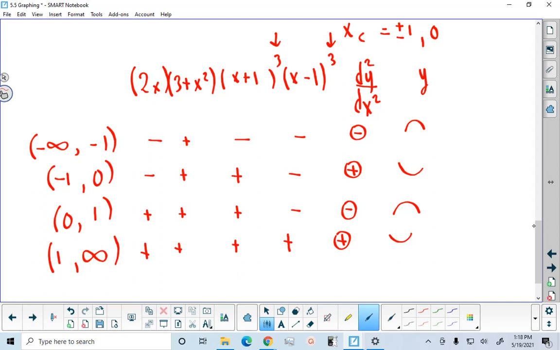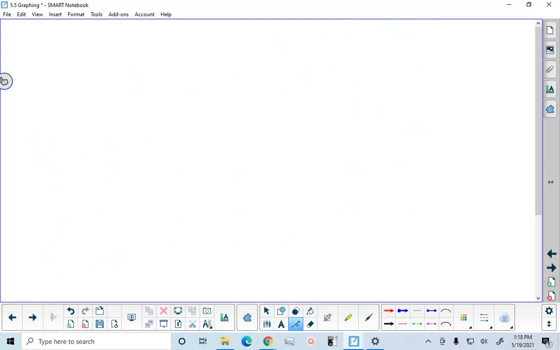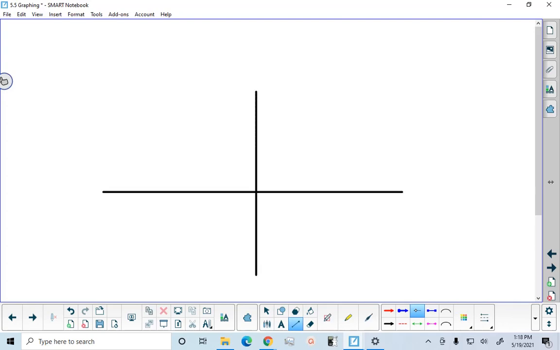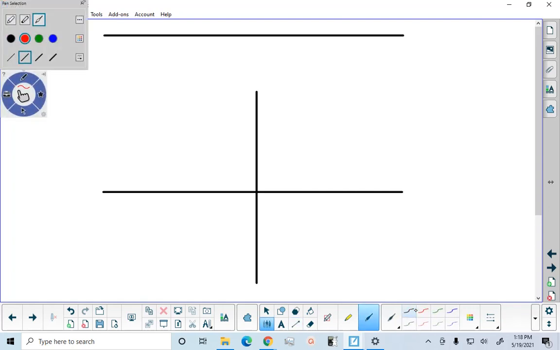Okay, so take a minute, construct a set of axes. I don't know that it's absolutely necessary, but some people do benefit from having this line up here. We can put in our intercepts, of which I'm going to need a little bit of help here, everybody, of which I believe the origin is the only intercept.